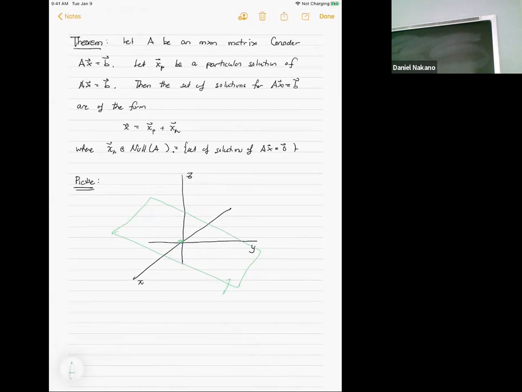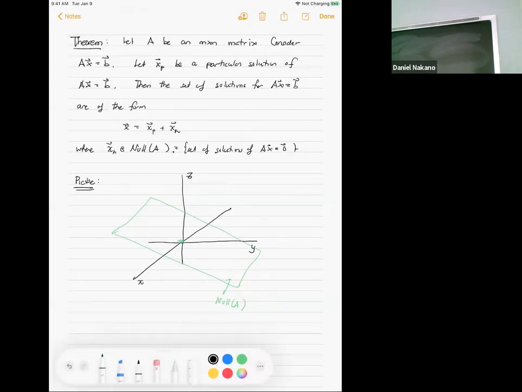So this part is the null space over here. Pictorially, it could be a plane, it could be a line, but it has to go through the origin. This gives me the homogeneous system, the stuff in the green. Now, to get all the solutions, I have to take a particular solution and I have to translate this plane up.